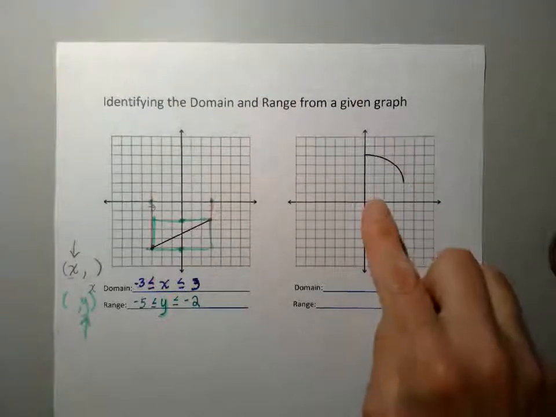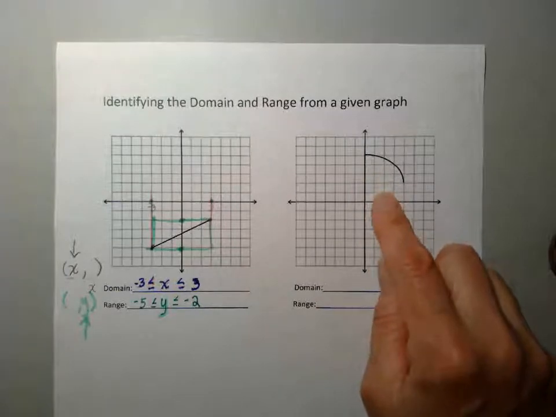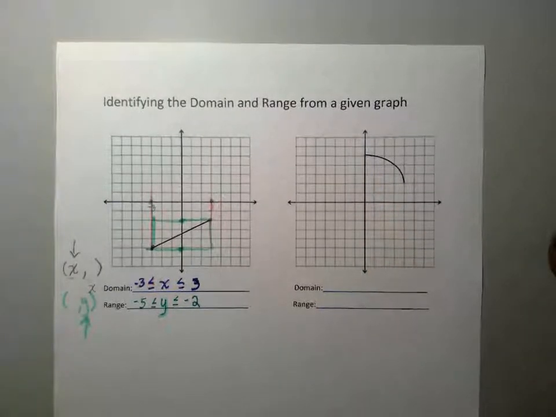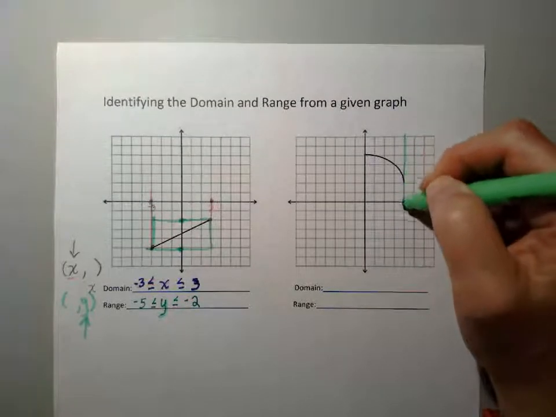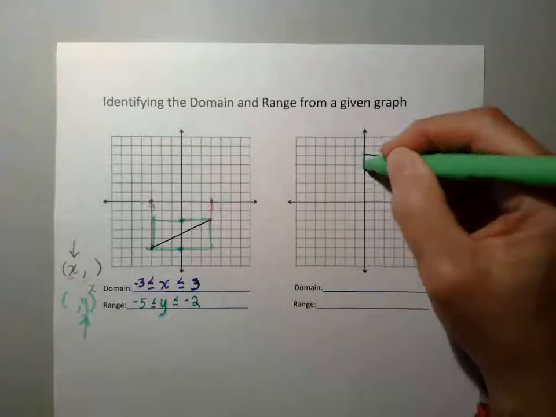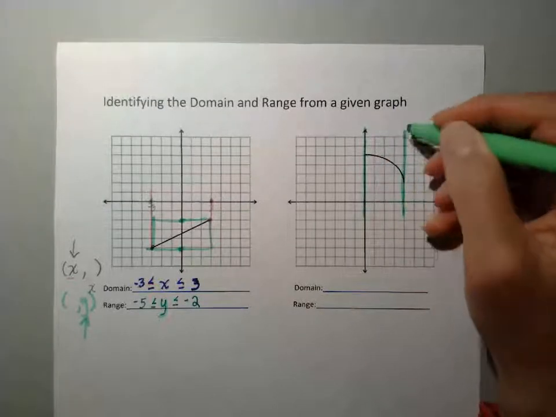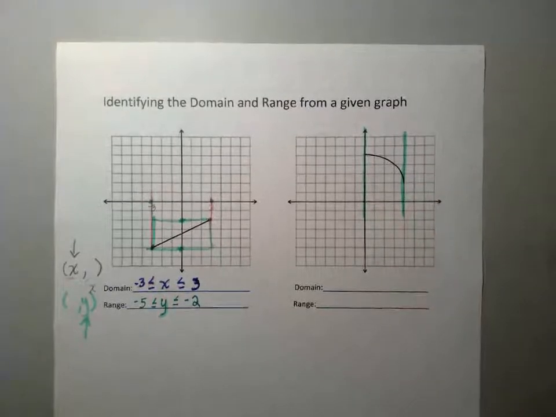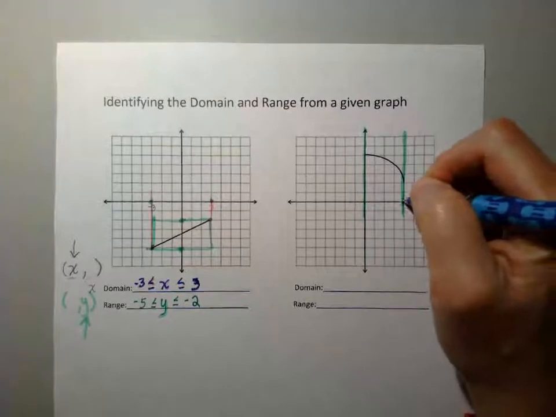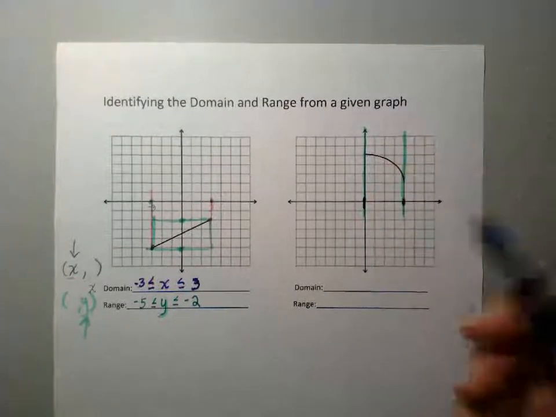Now this graph is still a graph. It happens to be a curve, but it's still a graph. And if I want to box in where it crosses my X-axis for the domain, it would be from this coordinate to that coordinate.